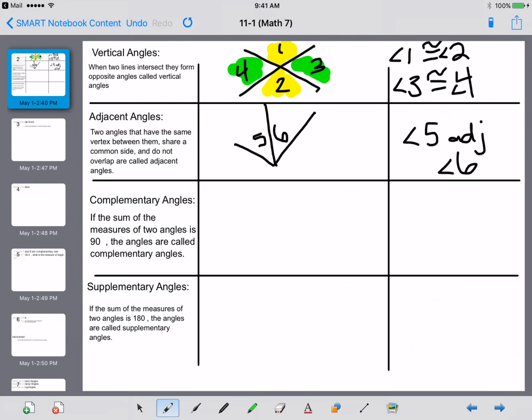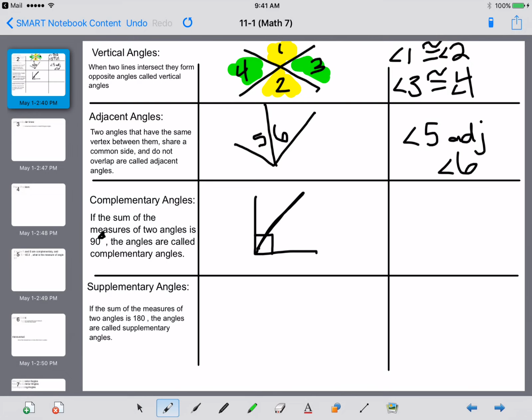Complementary angles say if the sum of the measures of the two angles is 90 degrees, I left a little space to put a degree symbol there, the angles are called complementary angles. So if it's boom, boom, and our line coming out here, and there's our little square, those two angles will add up to equal 90 degrees.